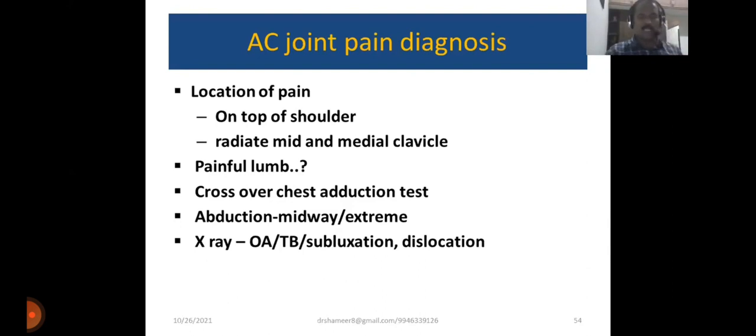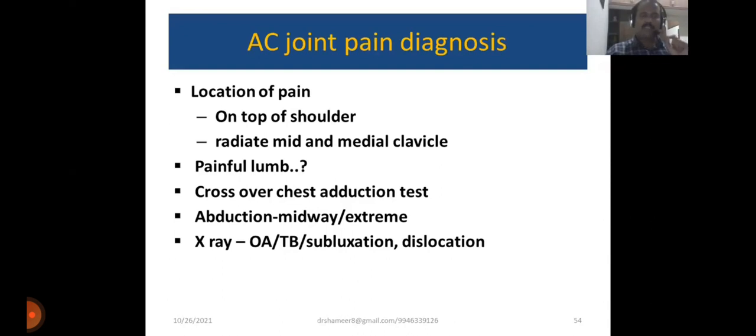Among the differential diagnoses of AC joint pathology, consider a patient with heavy weightlifting, like porters or a weightlifting job. They may develop weightlifter's osteolysis.